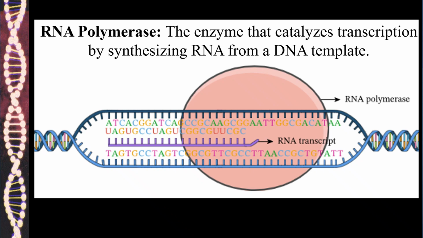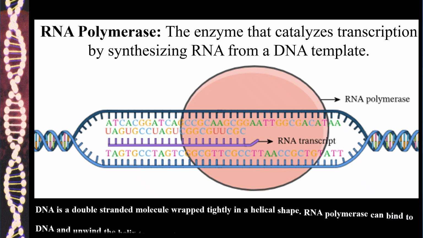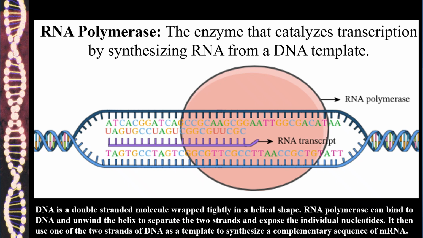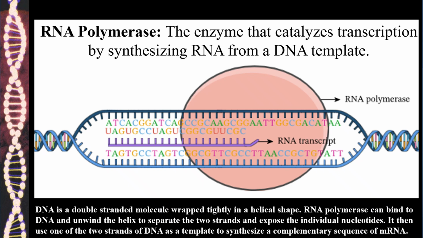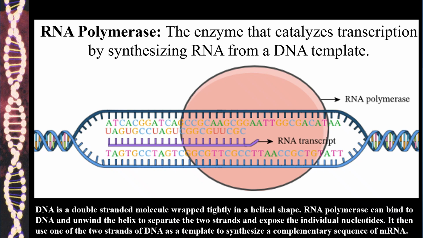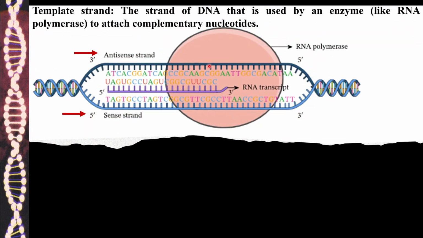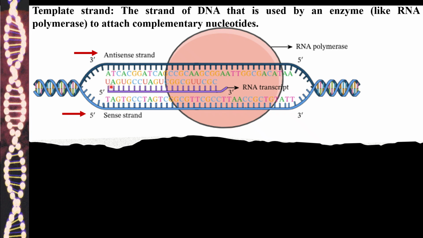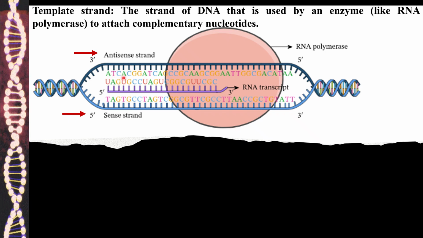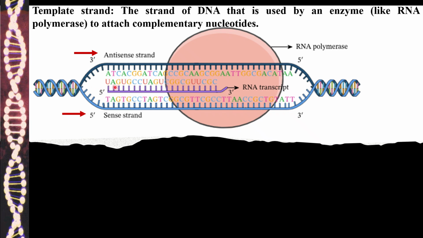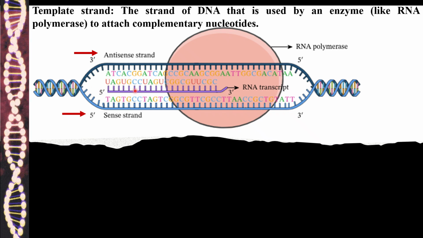DNA is a double helical structure that is wrapped tightly in a helical shape, as you can see here. The template strand of DNA is where complementary base pairing will be attached, through hydrogen bonding. By copying these sequences, the RNA transcript will be formed.